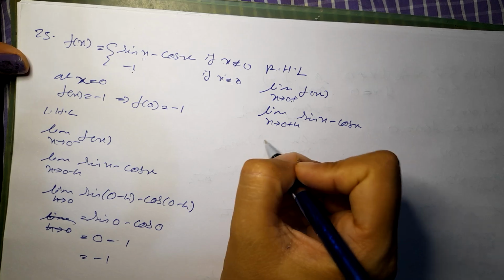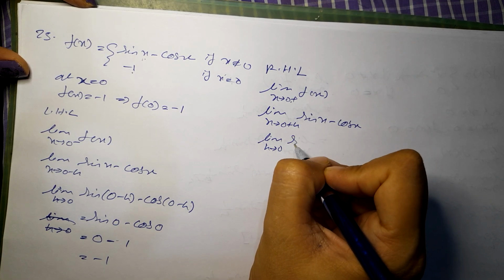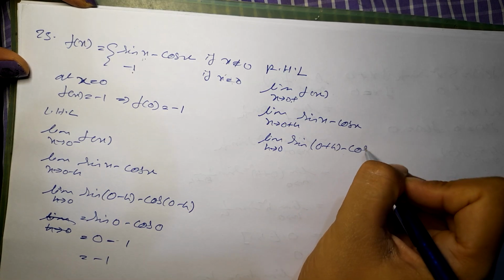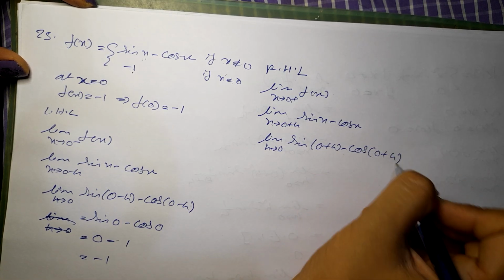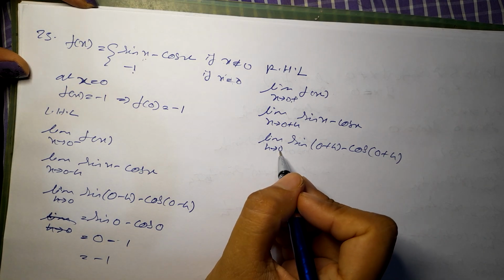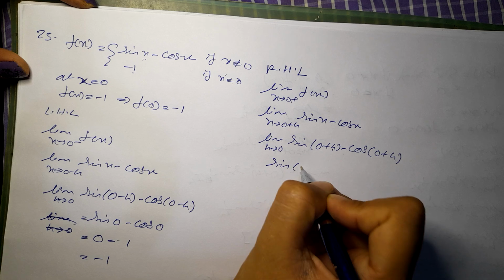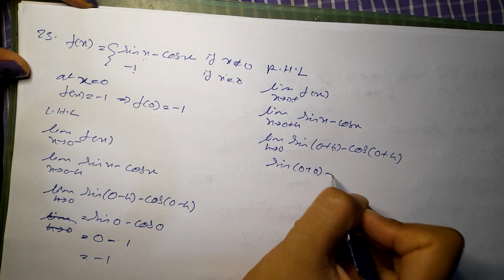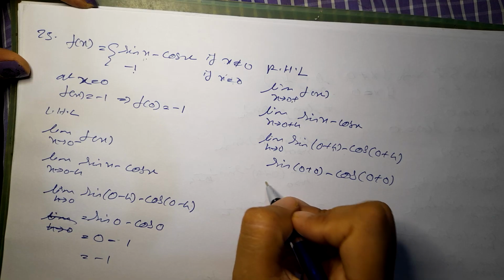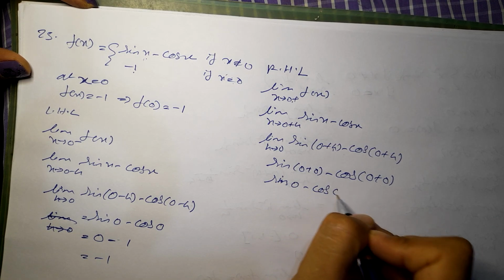So cos x, limit h tends to 0, sin 0 plus h minus cos 0 plus h. Now 0 plus 0 also gives 0, so instead of h it will give 0, so it will give sin 0 plus 0 minus cos 0 plus 0, sin 0 minus cos 0.